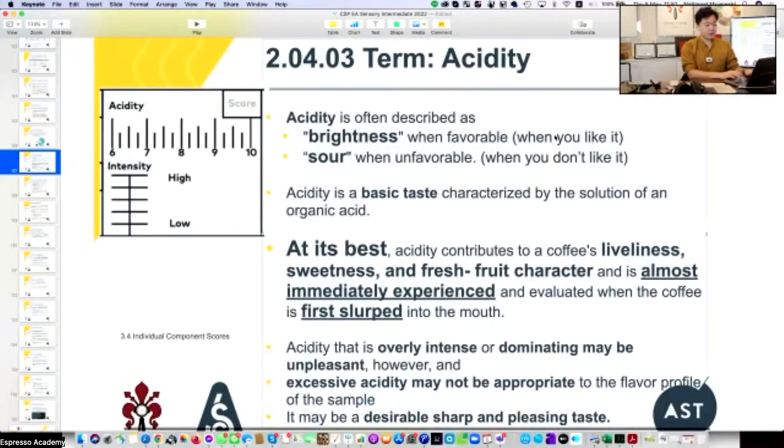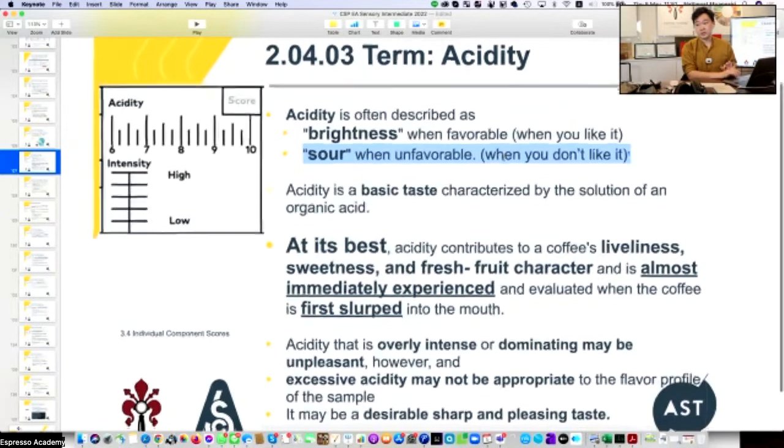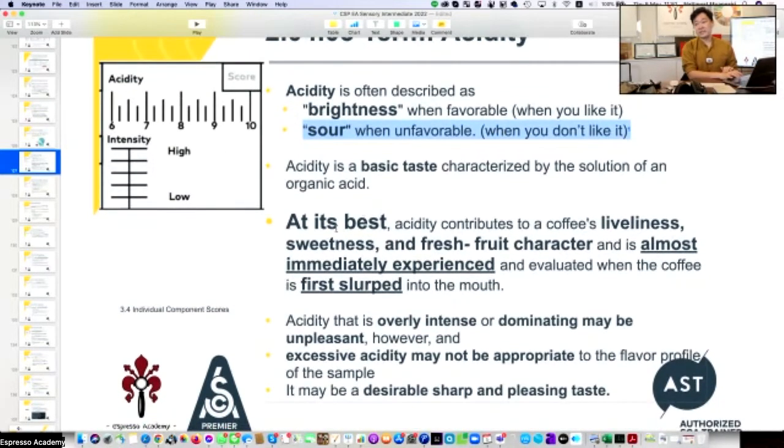So brightness when you like it, or sour when you don't like it. I already mentioned it. And what we're looking for in acidity, at its best, is the liveliness, the fresh fruit characters. Usually you get it from the first slurp, like, is it good or bad? I mean, acidity you would find when you slurp it first. Boom, you find it.